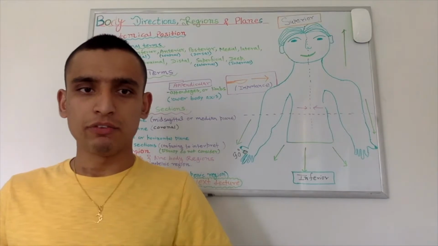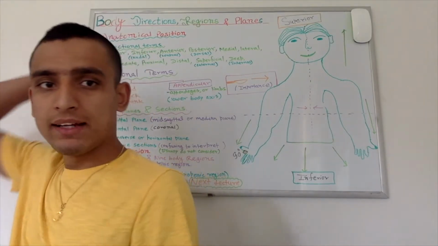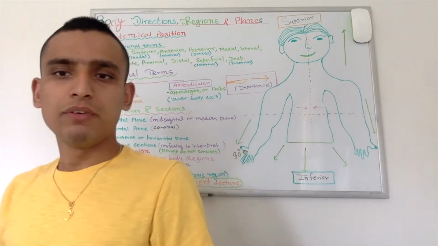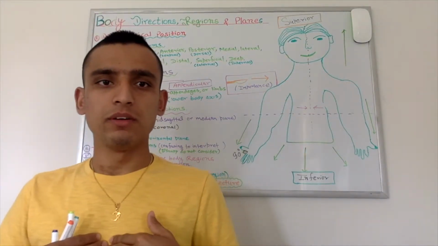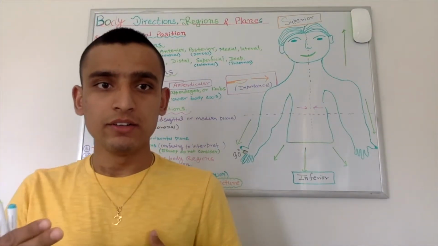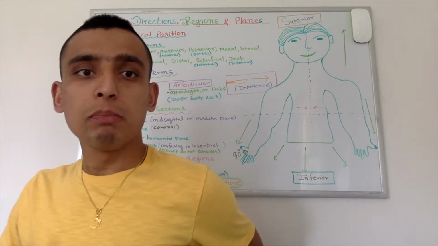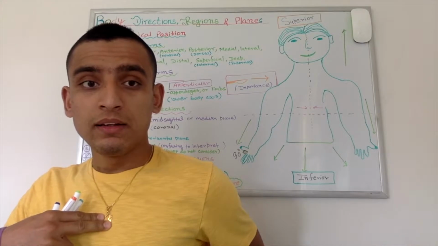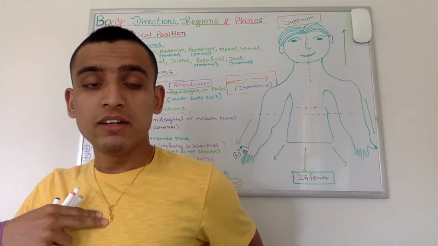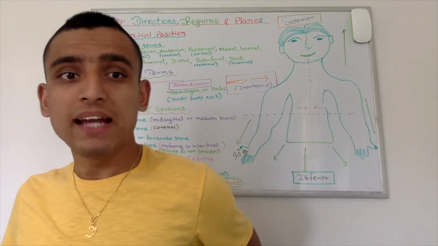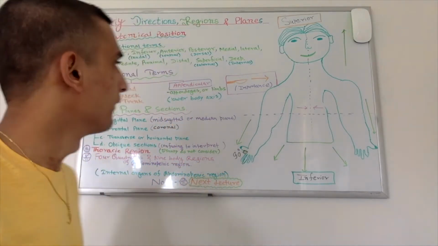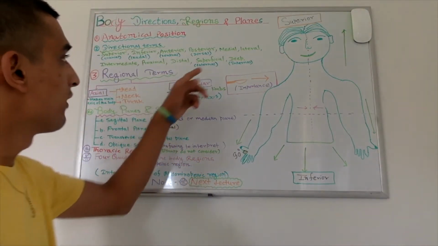Anterior is the front side, and the back is the dorsal side. We need to know that. For example, the sternum is anterior to the spine, but the spine is dorsal to the sternum, or breastbone. So that's an example.